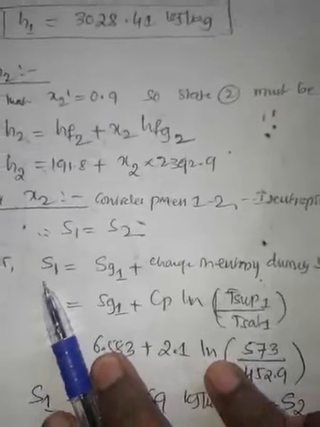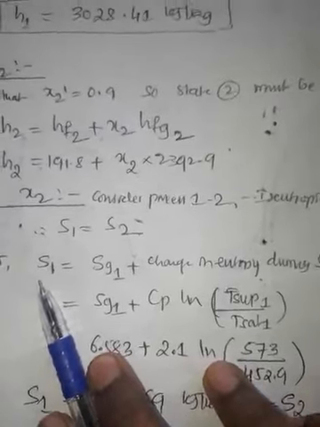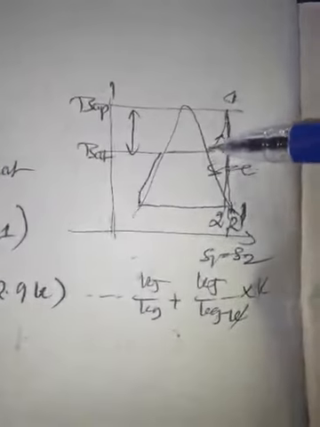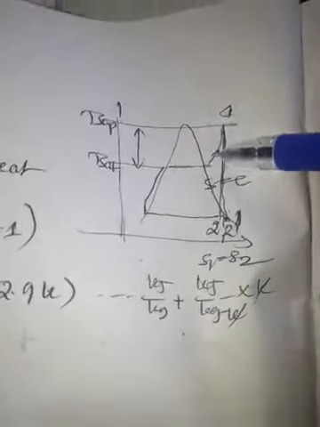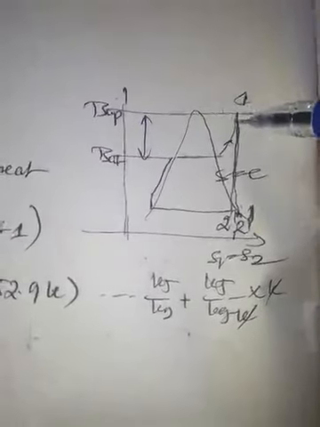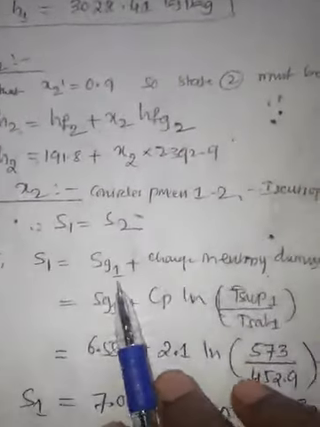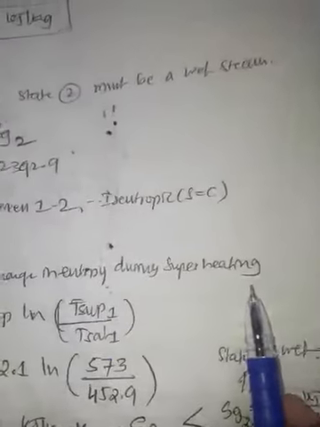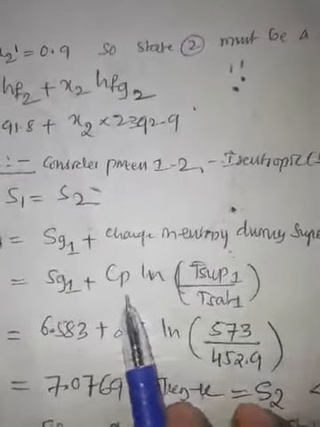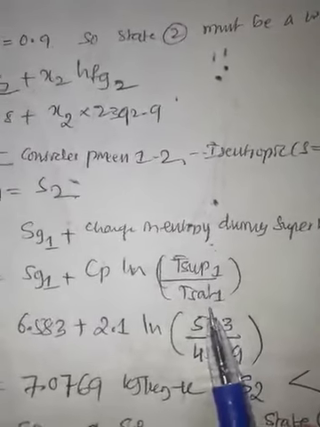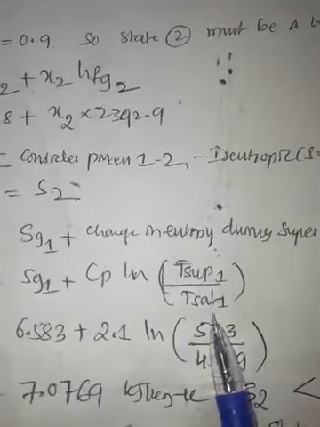We can calculate the S1 value here. S1 is nothing but Sg1, that is entropy, plus the change in entropy during the superheating process. So Sg1 plus Cp ln of T superheated upon T saturation during the process at boiler pressure.